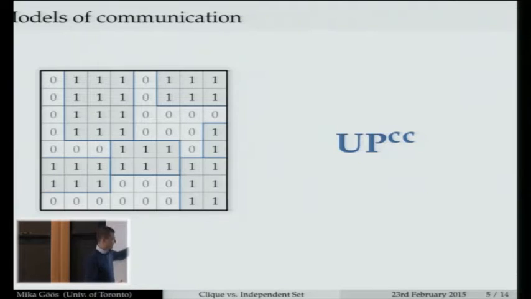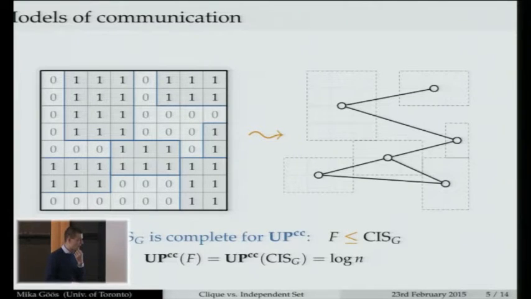Whenever you have a two-party function with an efficient, unambiguous protocol, you can efficiently embed this as a clique versus independent set problem on some graph. So in other words, the clique versus independent set problem is complete for unambiguous communication.